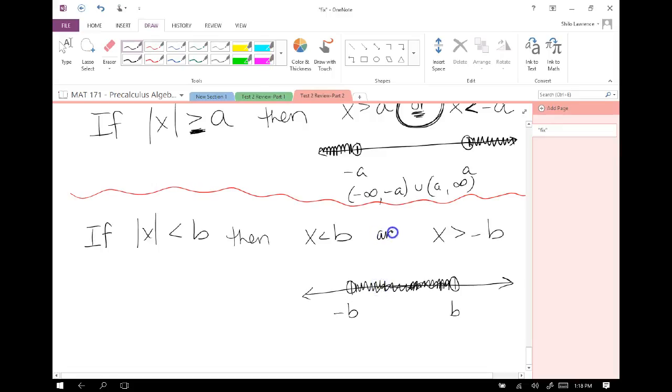So that means this one is an and, because they're going to meet in the middle. So the interval notation would be negative b to positive b. So the less than is an and problem. And there's usually only one interval in the solution. So the greater than is an or, and the less than is an and.